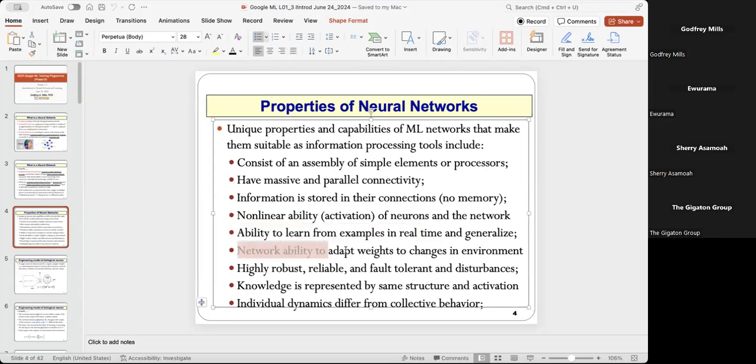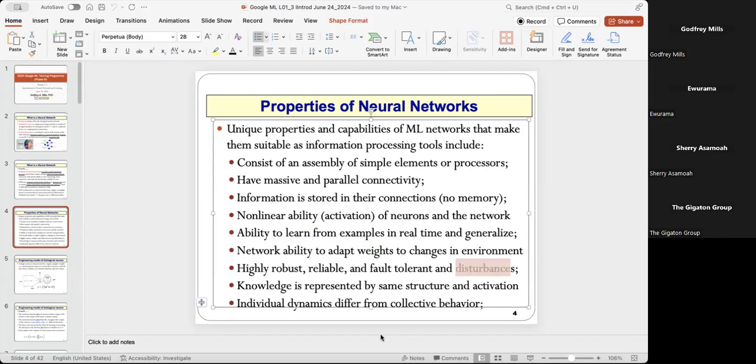Now they have the ability to adapt to changes in the environment. So when the environment changes, you provide new things, they can easily adjust. We'll see that again in a minute, how they do the adjustment. They are highly robust, very reliable, and one key thing is they are fault tolerant, and they can also withstand disturbances or noise.